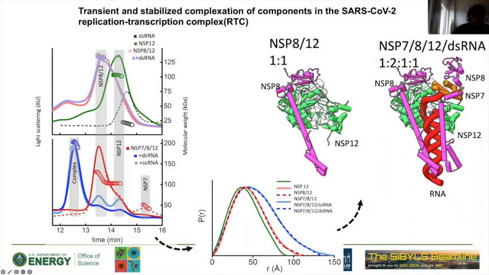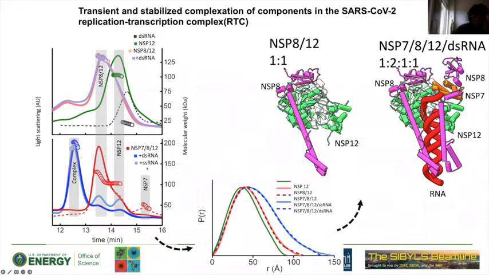For example, here you see NSP12 by itself. When you add NSP8, it adds molecular weight. We found out that this is not binding RNA, but it is only one piece of NSP8, the cofactor on the polymerase.